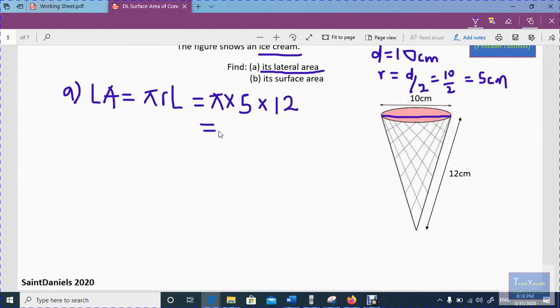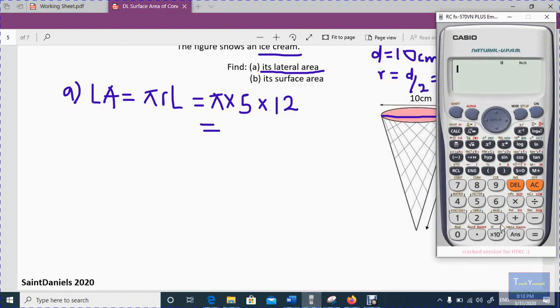And finally, you have your final answer: pi times 5 times 12, which is 60 pi, and that gives 188.49.